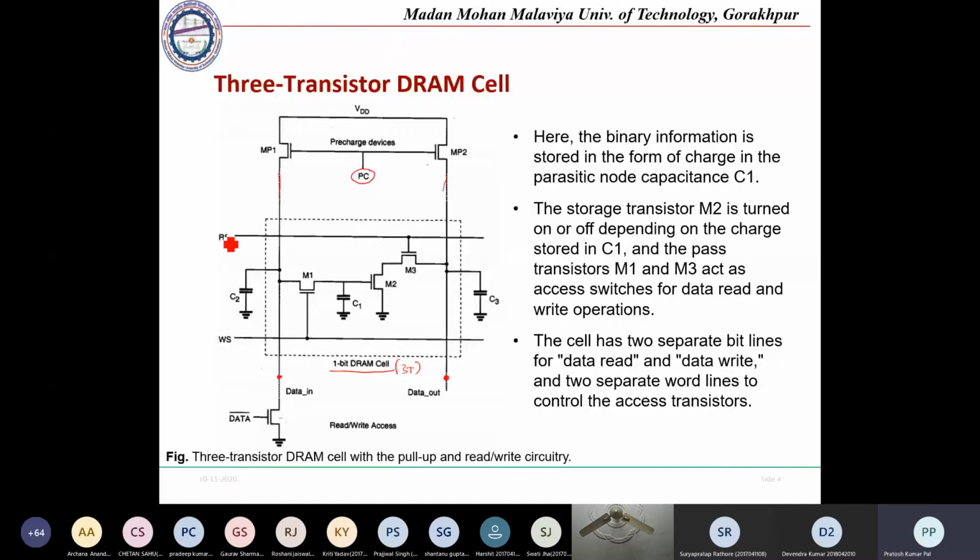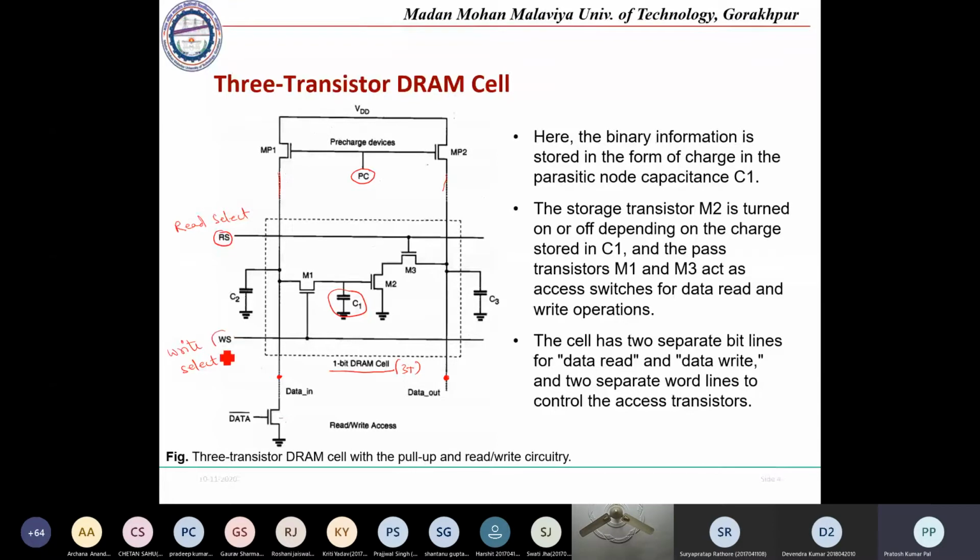And this is write select, and this is read select. Whenever we are going to read data from this capacitor, we will be activating this read select.